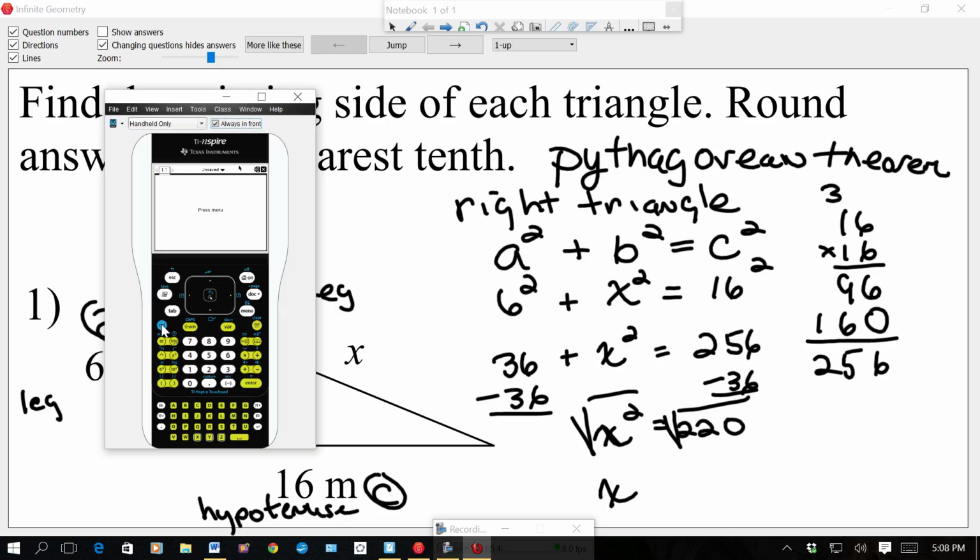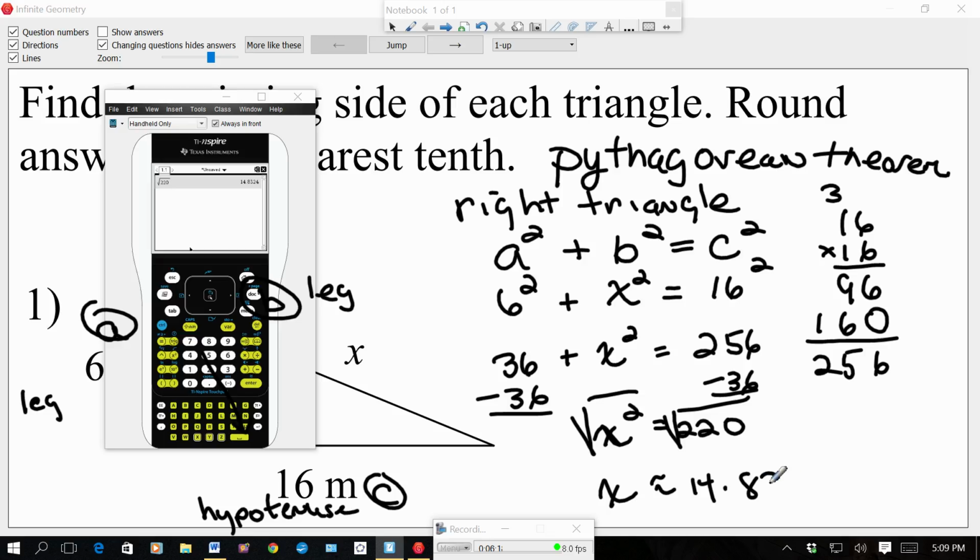I go to the calculator, use the square root function, put in 220, and hit enter, and I get x is approximately equal to 14.8324. Remember, this symbol means approximately equal to.